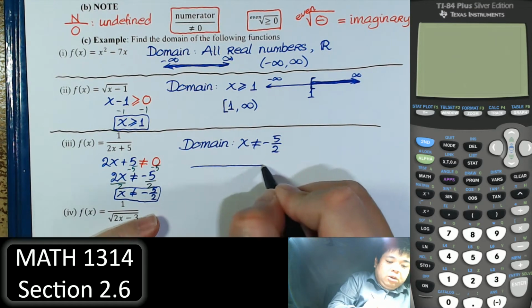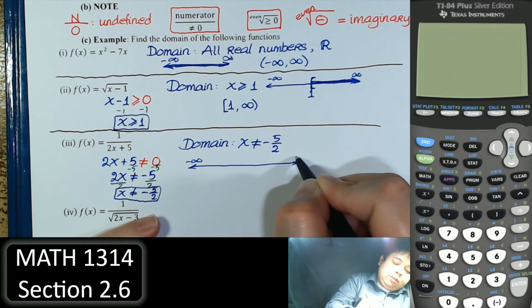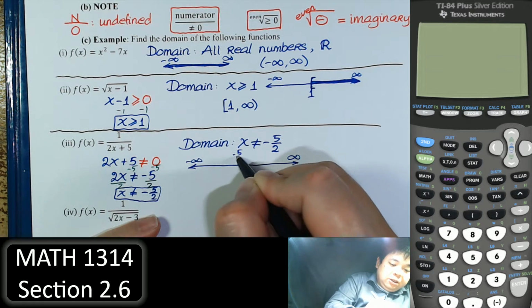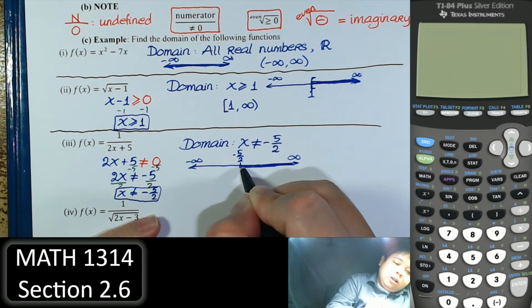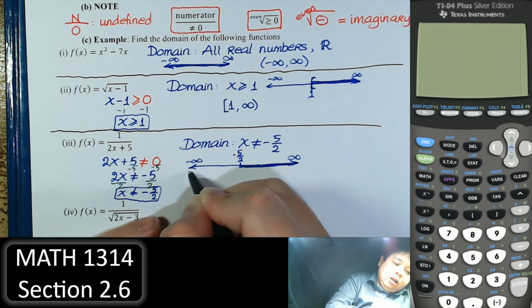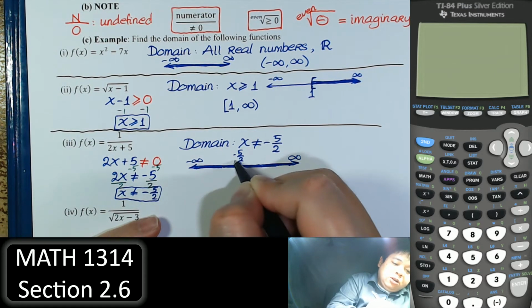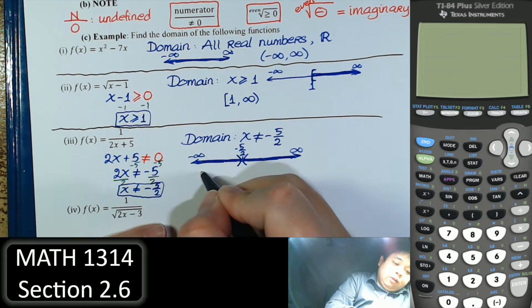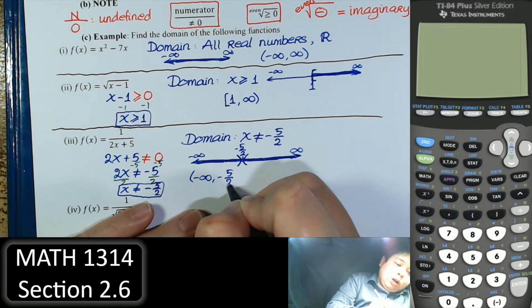If we draw a number line and we have negative 5 halves, we can have the right side, we can have the left side, but we cannot have the middle. So in interval notation we will say negative infinity to negative 5 halves, but not including negative 5 halves.